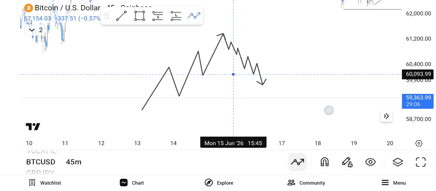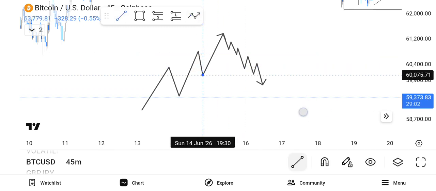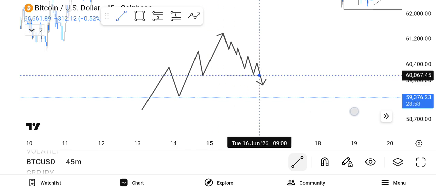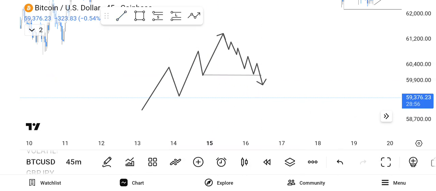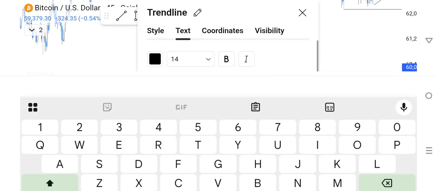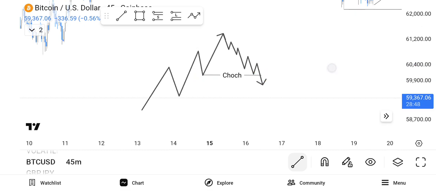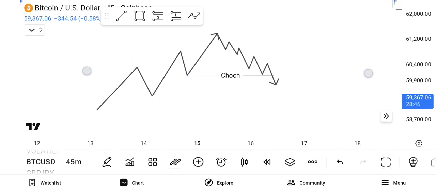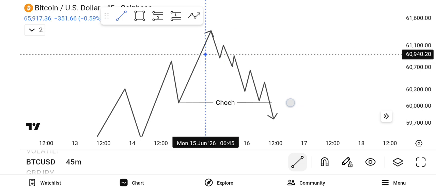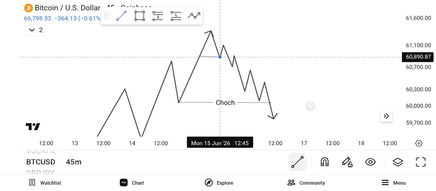Now you see the last move here that broke this very structure is what we call a change of character. That's a change of character. And the little moves in between, this is an MSS, market structure shift.